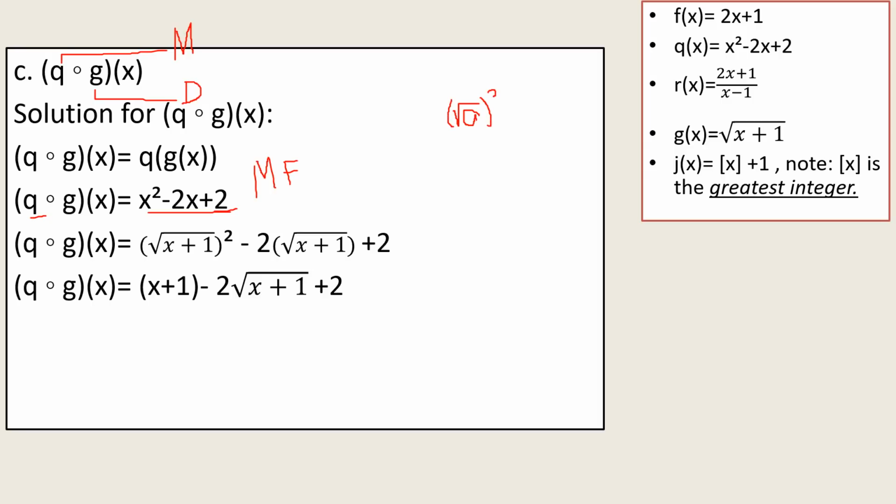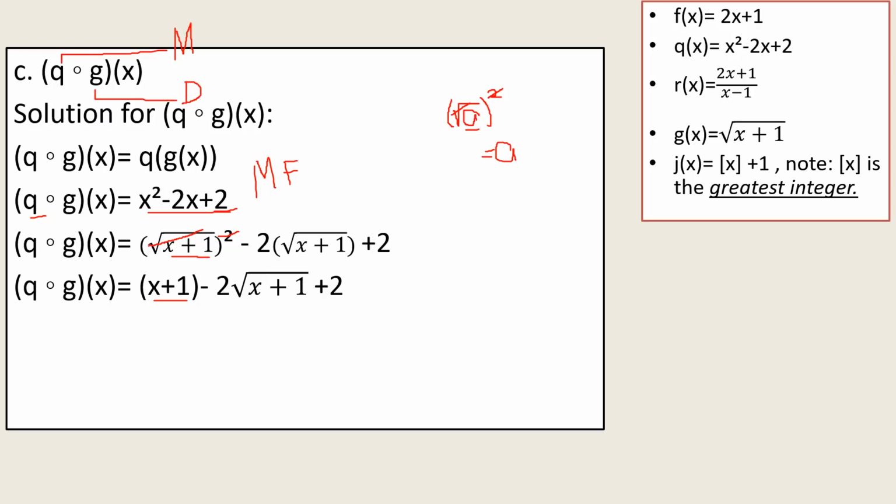Matik na makakancel yung radicand at saka yung exponent. Ang matitira na lang would be what? A. Okay? So, yung A dito, yung mismong A dito sa loob would be, so, square root ito, tapos squared, ang A would be the binomial x plus 1. So, makakancel ang radical sign, makakancel ang exponent, ang matitira x plus 1. So, x plus 1. Okay?